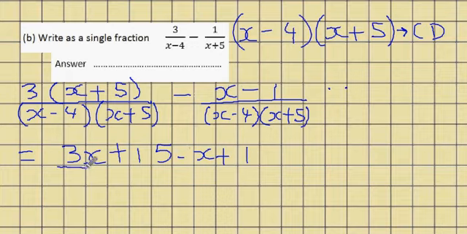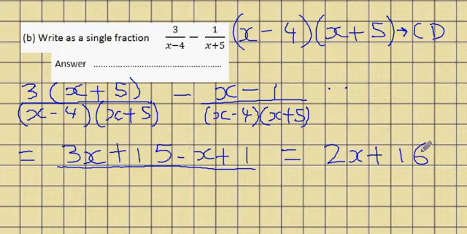That's all over the common denominator, and I'll write these out. So that's going to be 3x minus x, that's 2x, and 15 plus 1 is 16, so 2x plus 16, and I can stop there.